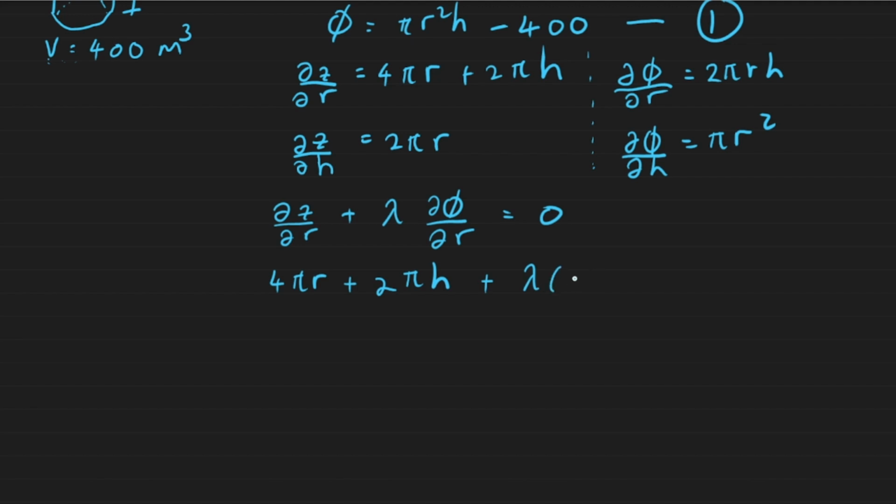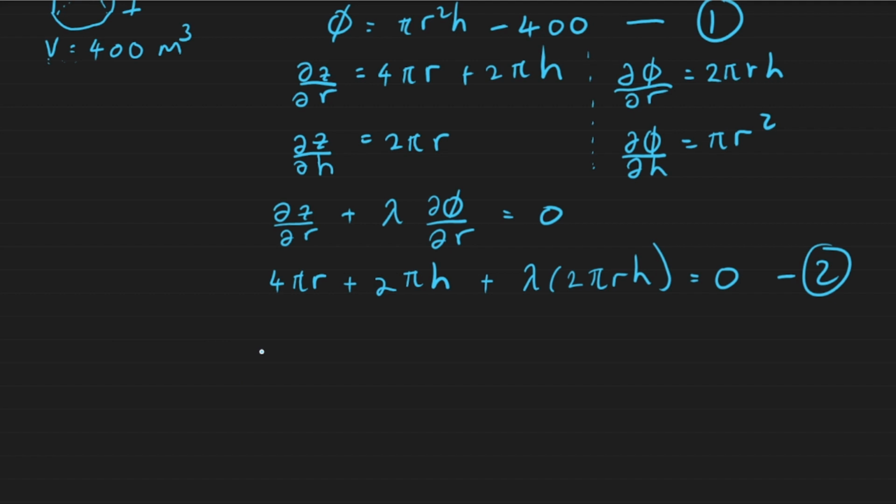We have 2 pi rh equal to 0. Okay, so this is equation 2.